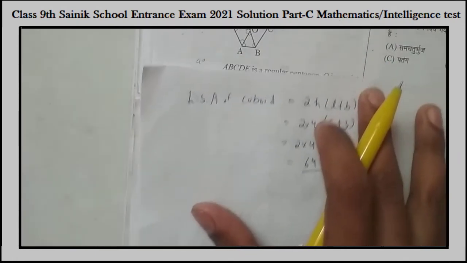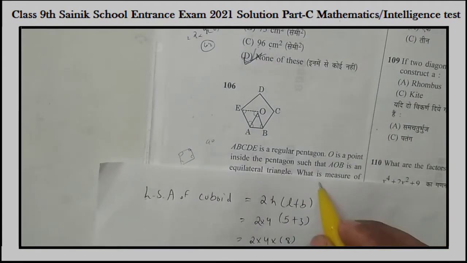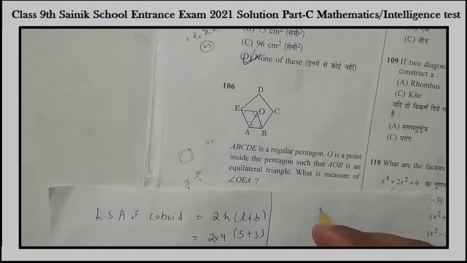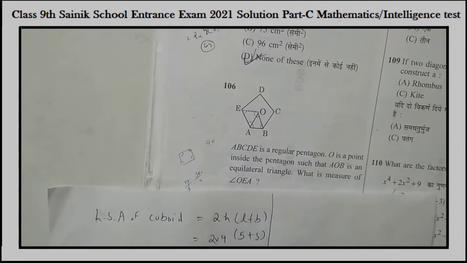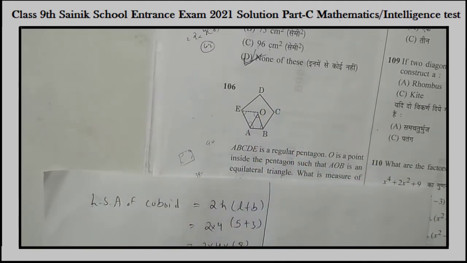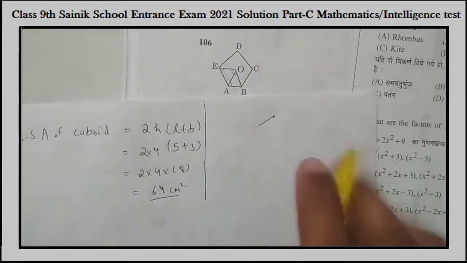The next question is, this is a regular pentagon. First of all, we have to understand what a regular pentagon is. Regular pentagon means all these sides are equal. Let us draw here.